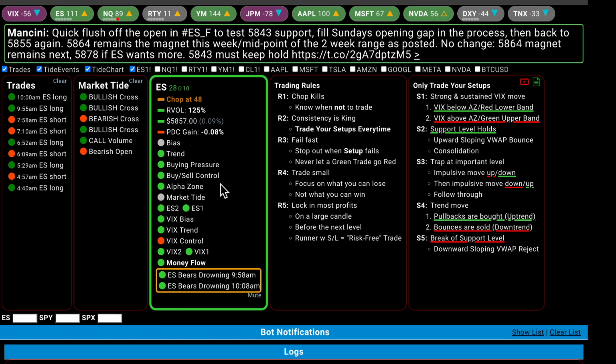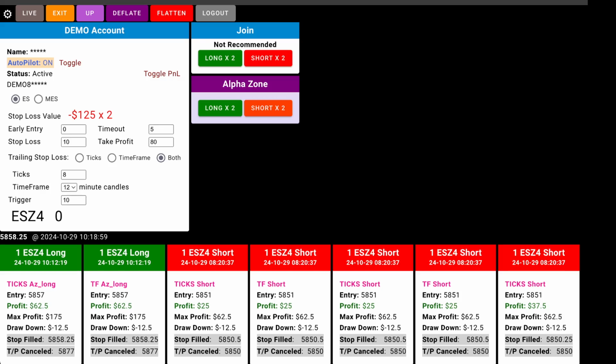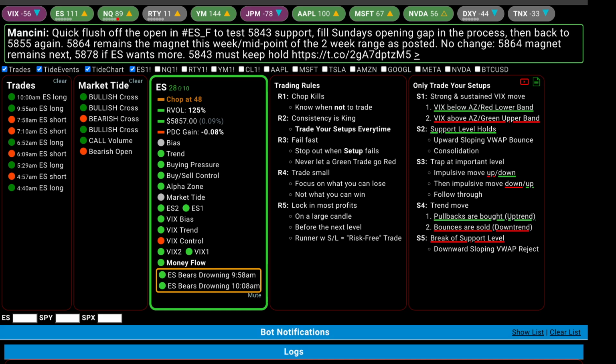This cheat sheet, I'm actually going to move onto the Auto Trader page so that you can have it here. I'm also going to move the latest Mancini tweet. This tweet, I would encourage you to always read it. And actually, if you have M2 open, it will verbally read the tweet for you.